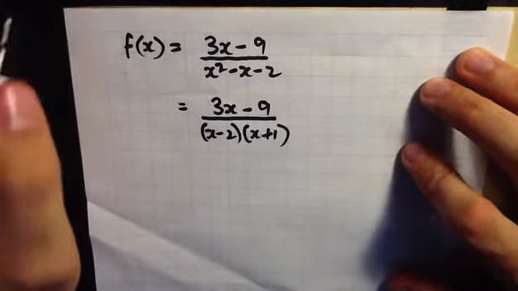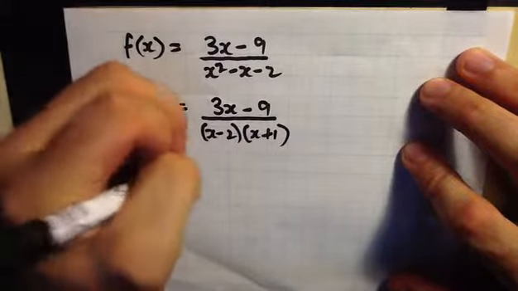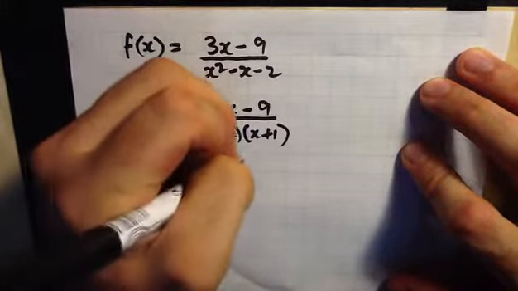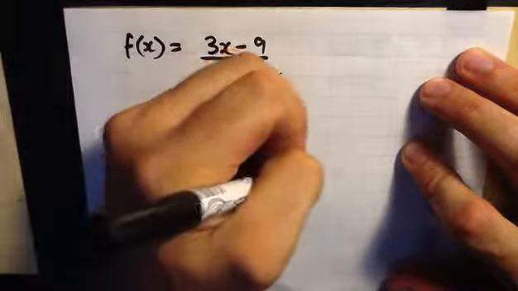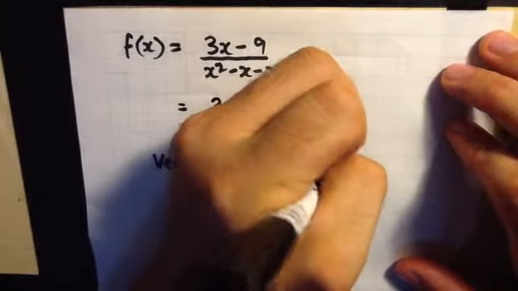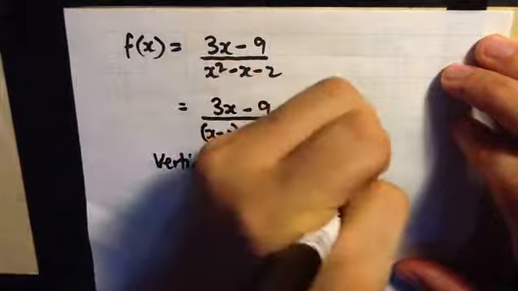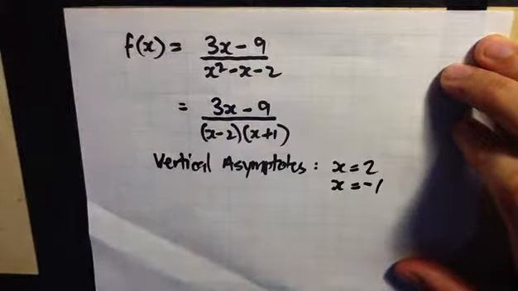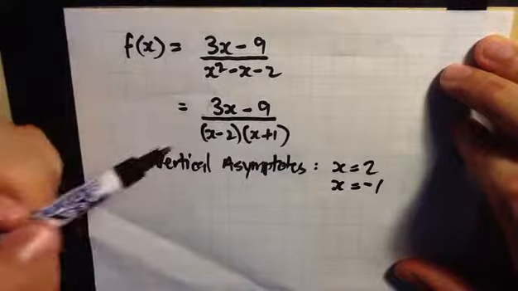So I have vertical asymptotes at x equals 2 and x equals -1. So they're the vertical asymptotes.